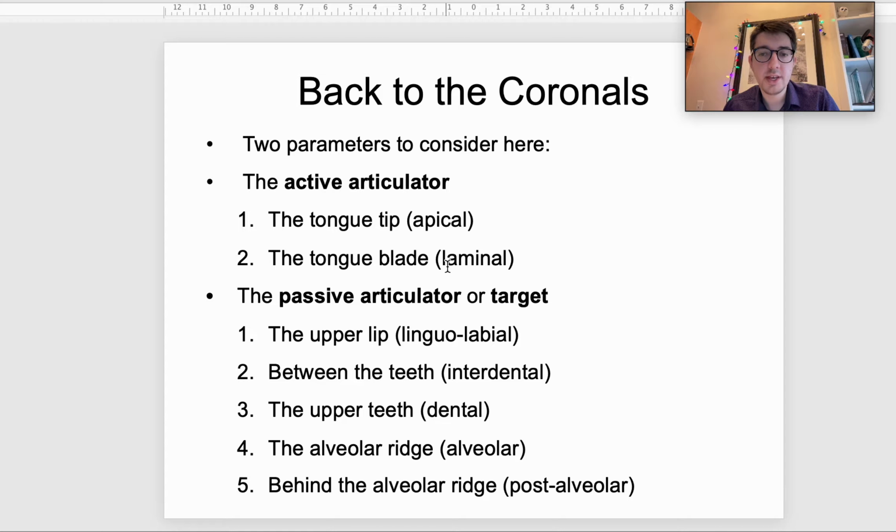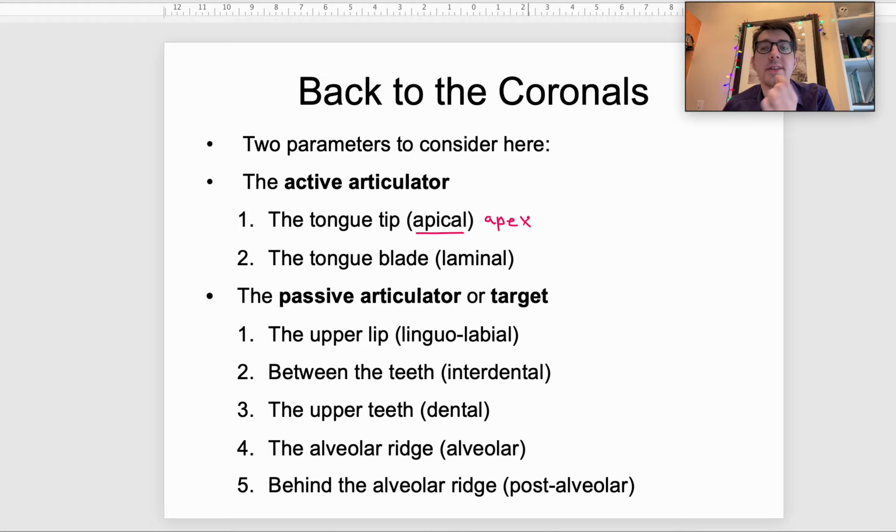So if you are making a coronal stop, you might be making an apical stop as well. So you might see this term out there because of a very simple reason, because of the apex, which is the tip of your tongue.